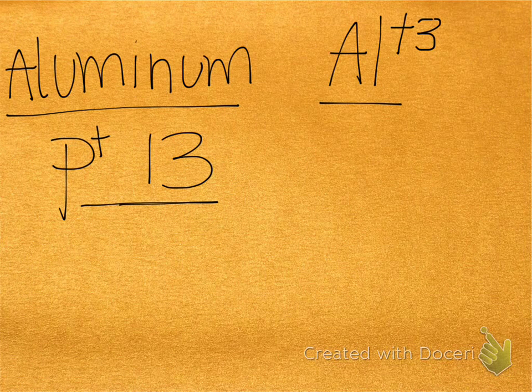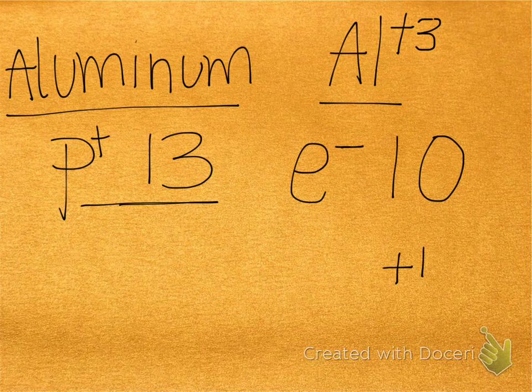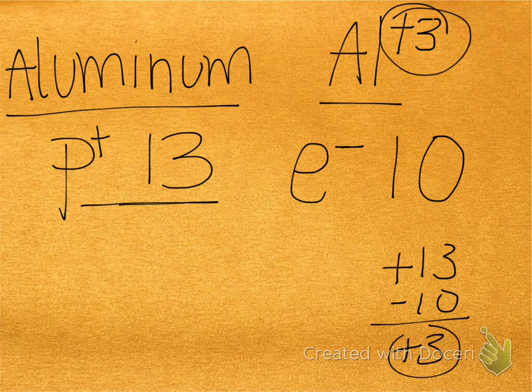So if we have 3 more positives than negatives, that means that we have 10 electrons. So once again, if it helps you, add them up. +13 and -10 is going to give you +3. That should match this number right here. Okay?